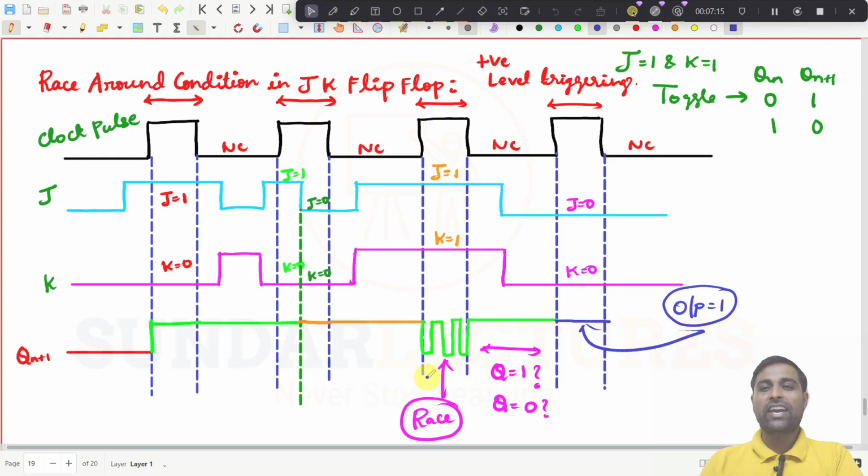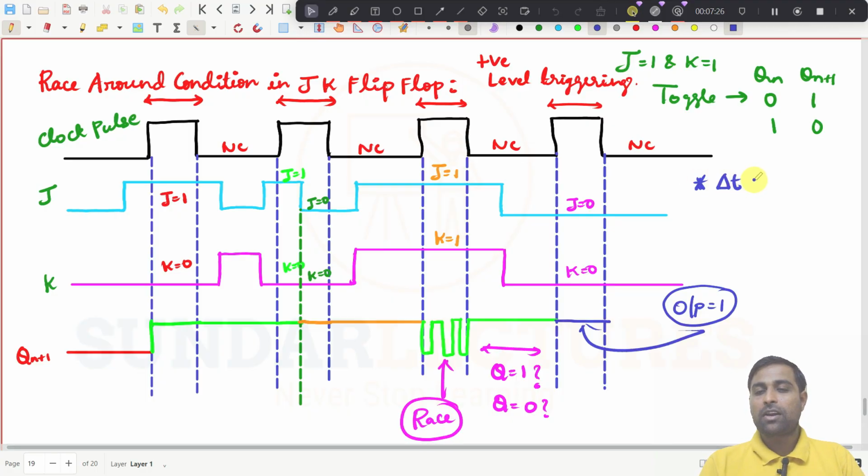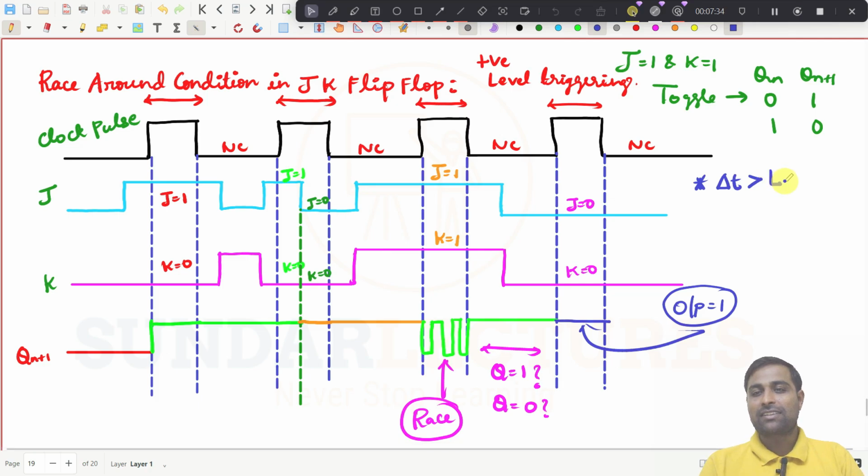And how can we avoid this race condition? There are three techniques that can be used. What is the first one? The propagation delay should be greater than the level triggering delay. Maybe I will write it as level delay.